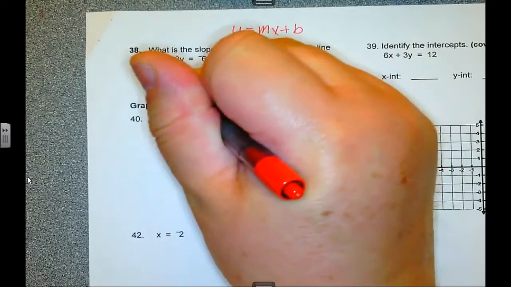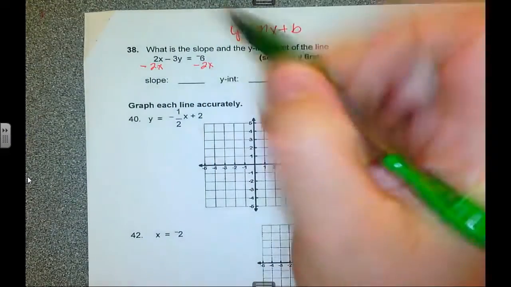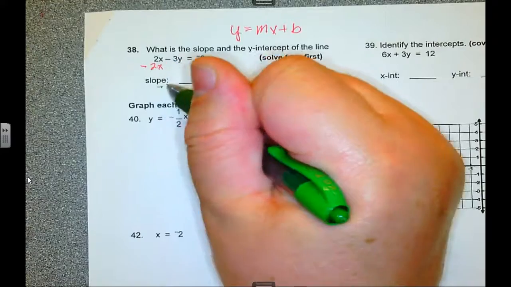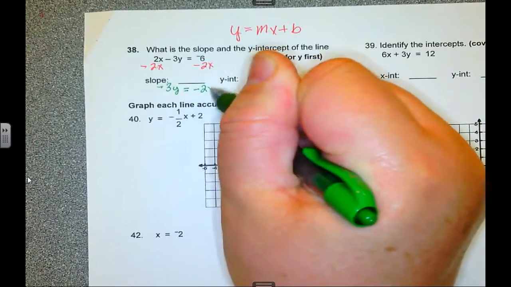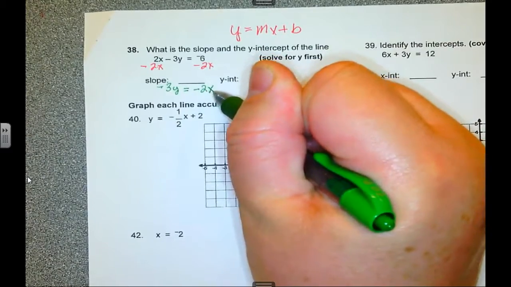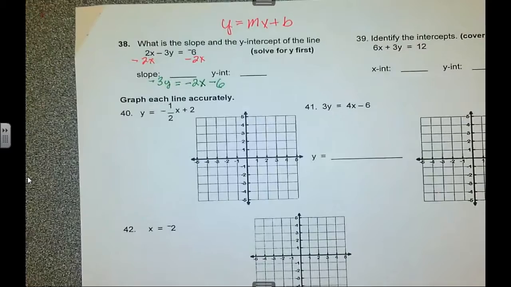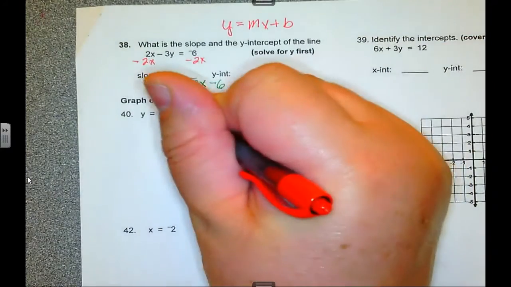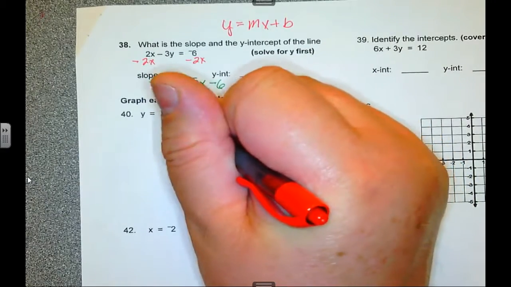So I'm going to subtract 2x from both sides. And I get negative 3y equals negative 2x. I'm putting my x term first. Minus 6. I would, because that's the form they wanted it in. Then I have to do what? But it doesn't have to be that way, does it? Nope, but you're going to mess things up if you don't.